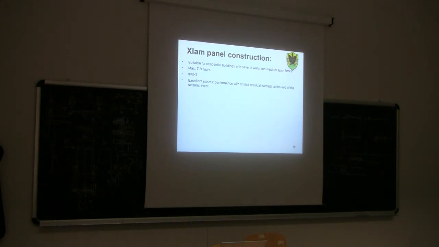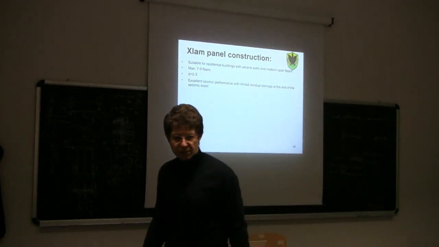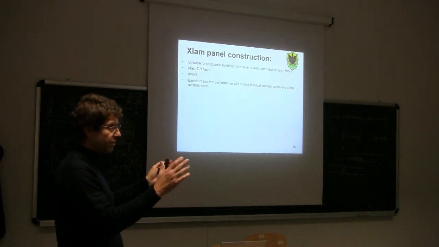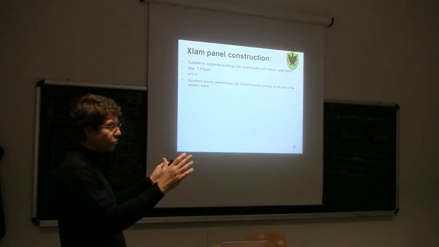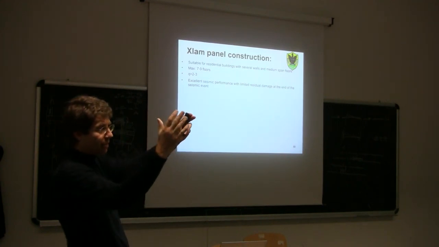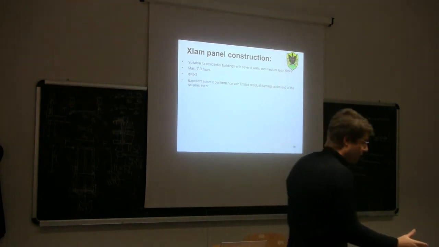Some tests show also an excellent seismic performance with limited residual damage at the end of the seismic event. So the advantage of this system is that, unlike light frame construction, the experiment showed that at the end of the earthquake, the building was not so damaged as to be tilted in some way, but it basically snapped back to the vertical position where it was before.